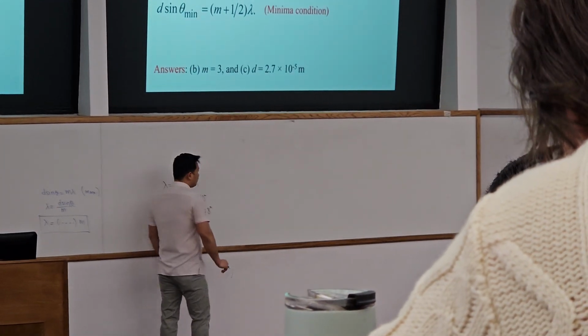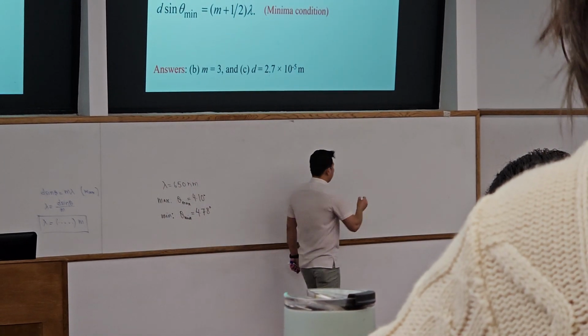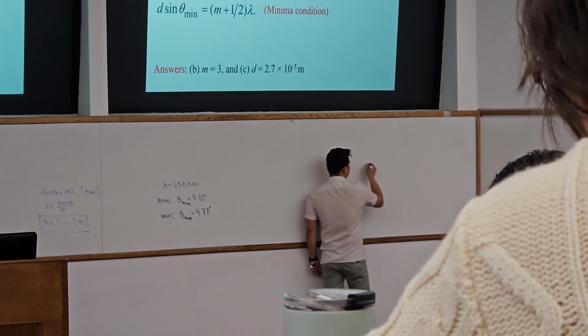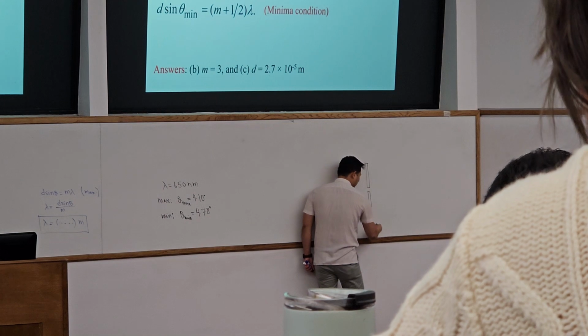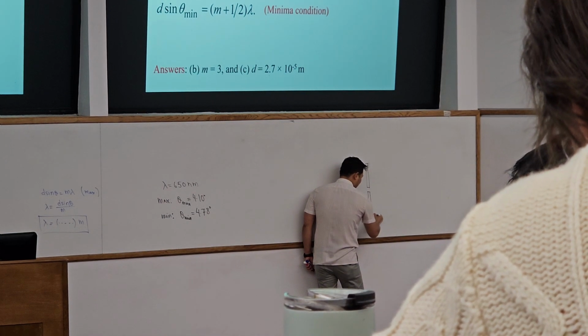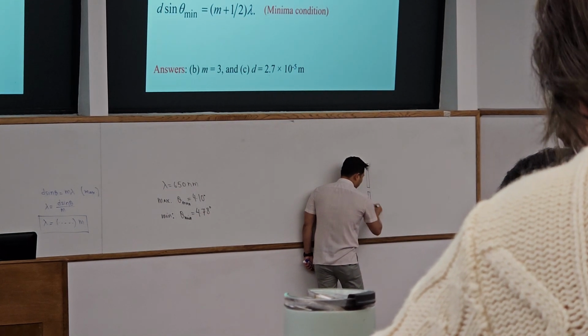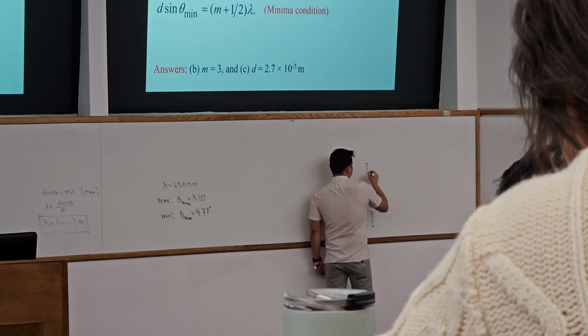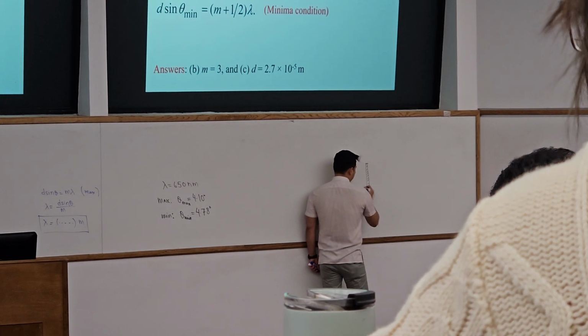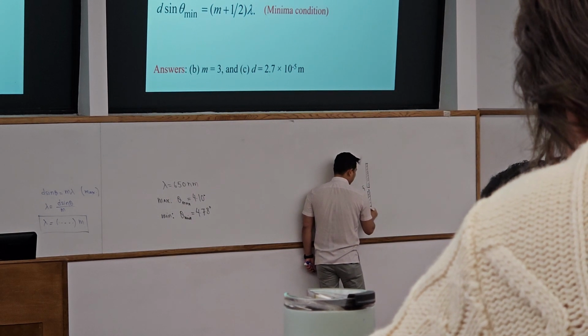Okay. So let me draw the diagram. You have a Young's double slit. This is a very simple diagram. Your double slit. So light from source 1 and source 2, S1 and S2. Okay.